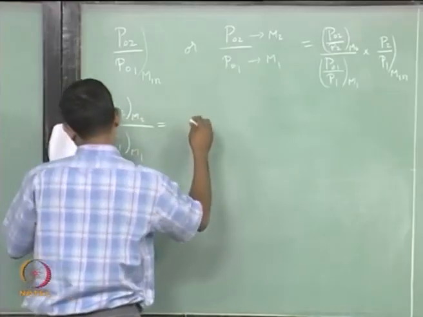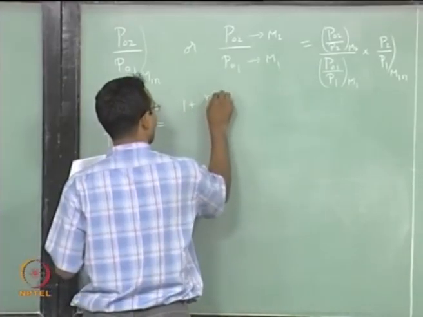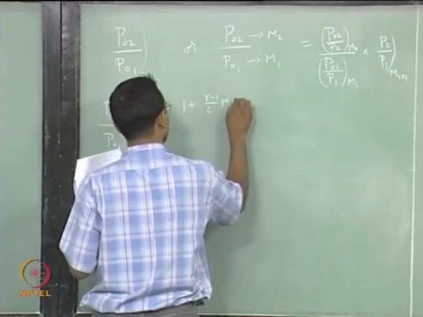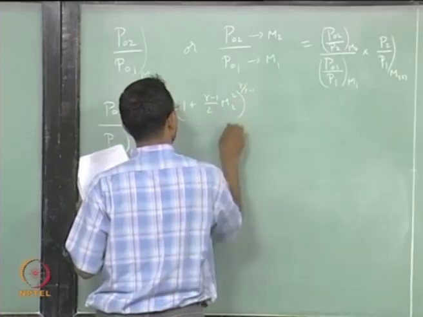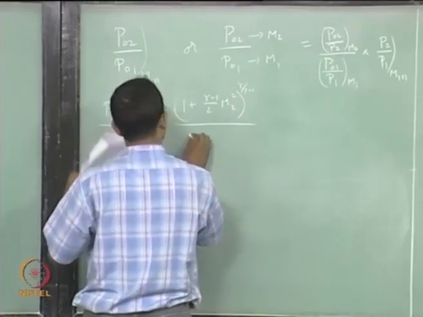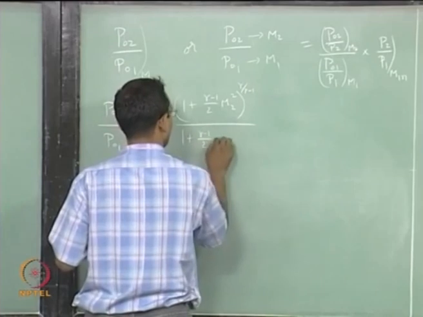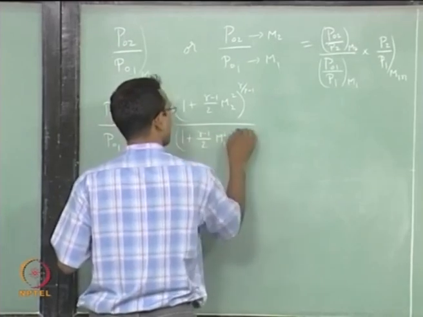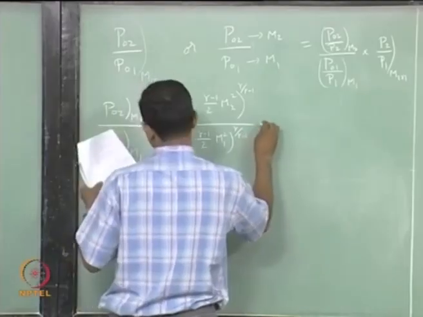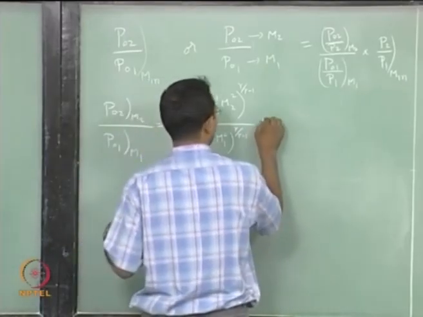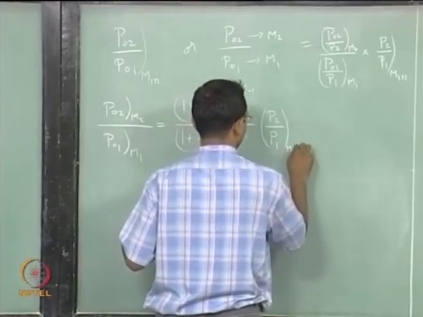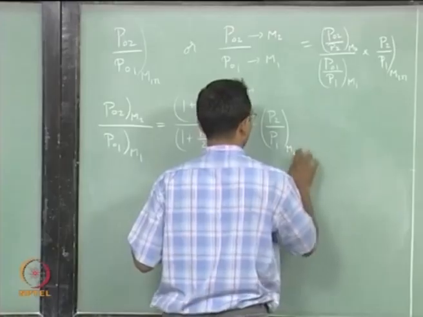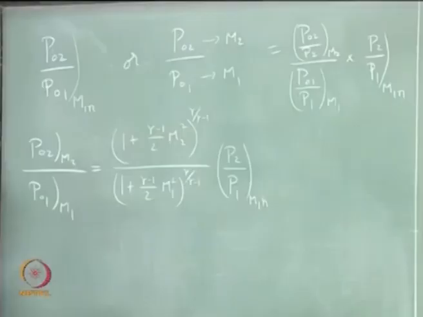If I expand those terms, it is going to look like M2 square to the power gamma by gamma minus 1 divided by 1 plus gamma minus 1 by 2 M1 square to the power gamma by gamma minus 1, multiplied by, I will just leave it as P2 by P1 from M1 normal. That is going to be the same for both, I do not want to write the expression, I will just leave it like this. This is from one form.